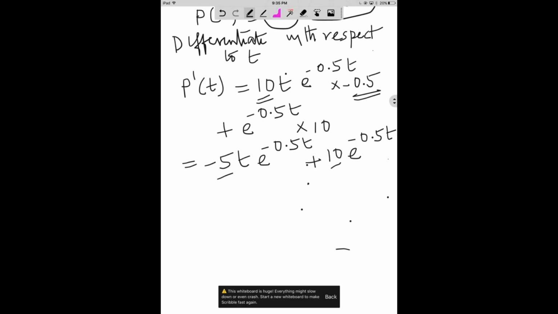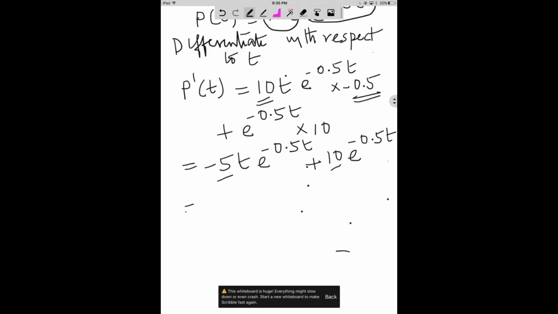See here, take 5 as a common factor, and 5 e raised to negative 0.5t common factor. Then you get negative t plus 2.